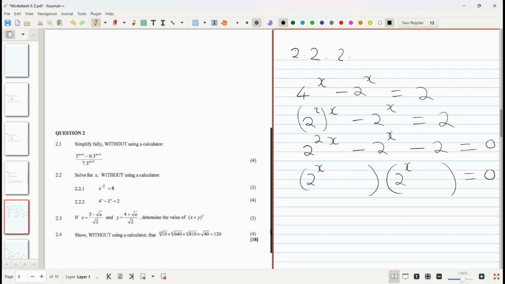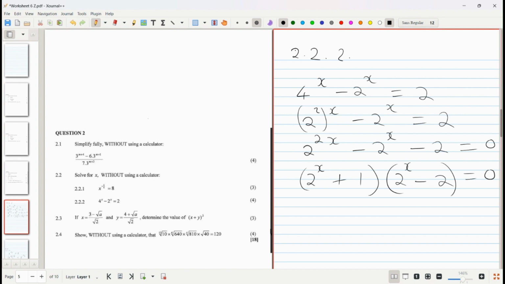So what are the factors of negative 2? We know that we'll have what? A negative and a positive because we have this negative number here, right? So we can have 2 to the power x plus 1 or 2 to the power x minus 2. Okay, so we can confirm if these factors are correct.